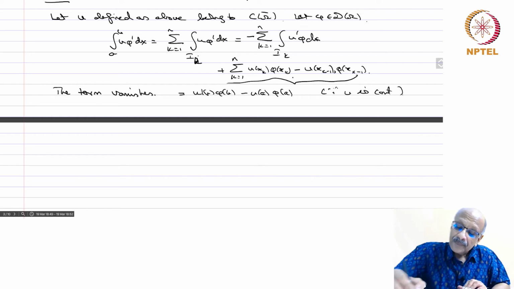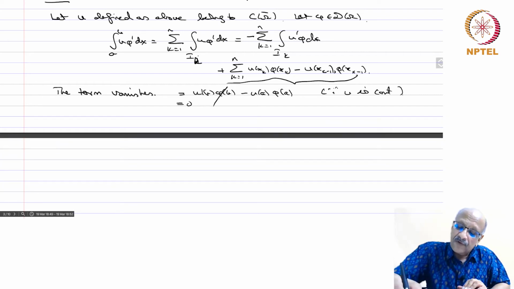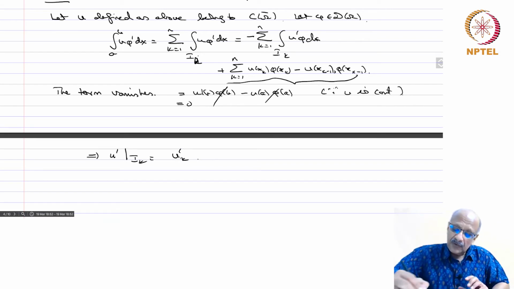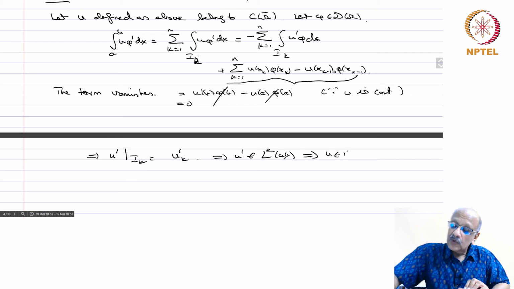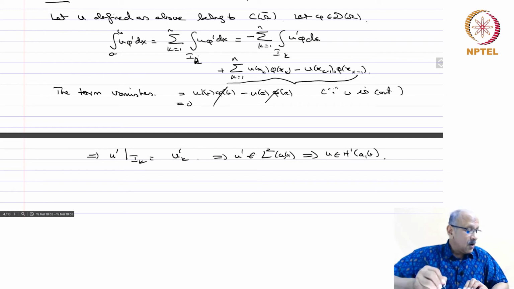And this is equal to 0 because phi of a and phi of b are both 0, since phi is C infinity with compact support. Therefore u dash restricted to Ik is equal to uk dash, so u dash is in L2 of (a, b), and that implies u is in H1 of (a, b). u is anyway in C of omega bar, so it is in L2, no problem. So u is in H1 of (a, b).